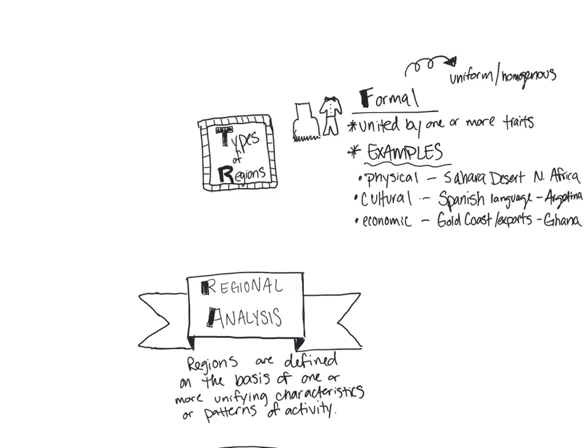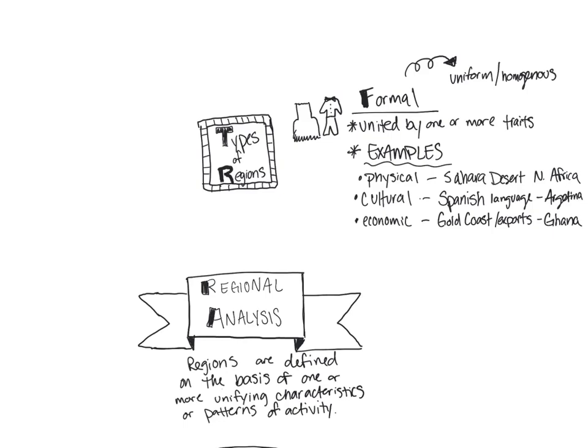When you think about these formal regions, the big idea is what do other countries recognize you for? In Ghana, it's really big for the Gold Coast, where they produce a lot of gold. Argentina speaks Spanish. In northern Africa there is the Sahara Desert. So all of these are formal regions.